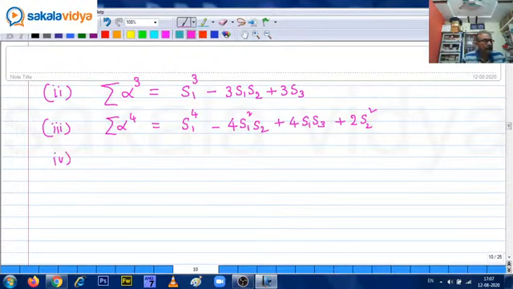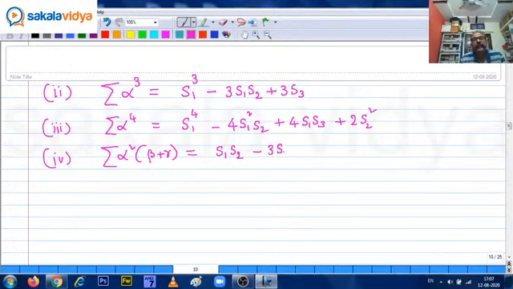Fourth one is sigma alpha square times (beta plus gamma), if you are asked. So this is s1 s2 minus 3 s3. This is same as sigma alpha square beta also.